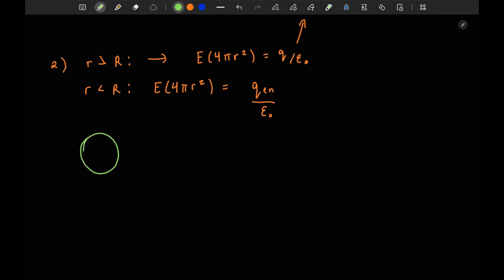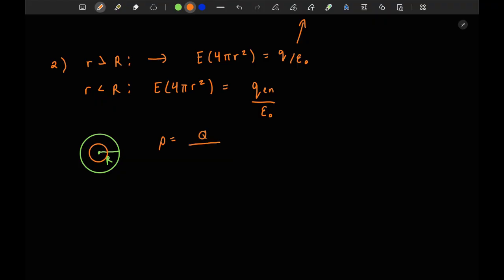So here is my charge with a radius capital R. And I would like to know how much charge is enclosed within a smaller radius, lowercase r, contained within the sphere. We can start by introducing a density and say that the density of this sphere is my total charge over my total volume.